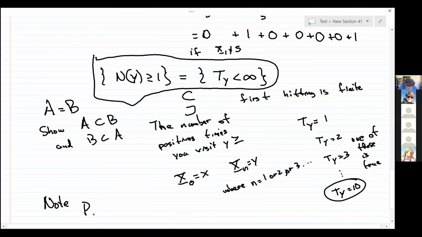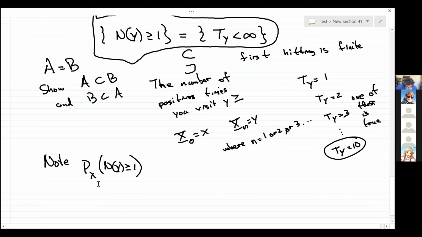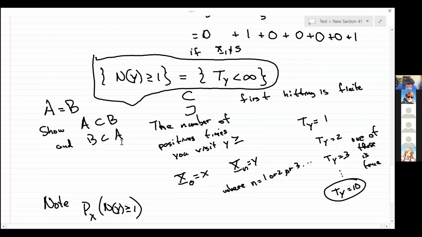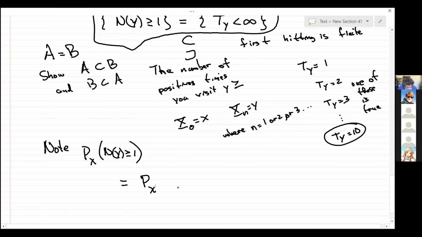Suppose you start at state X and you're interested in hitting Y at least one time. Maybe more. So if you start at X and you want to know the probability that you visit Y at least once, that's the same as starting at X. And since this set here, N_y greater than or equal to 1, is equal to this set here, we can replace this condition with the condition that T_y is what?